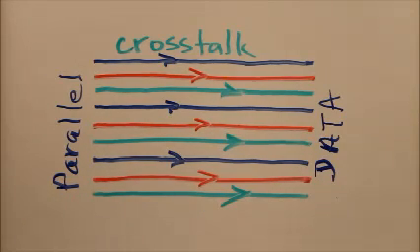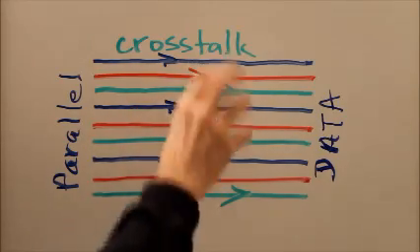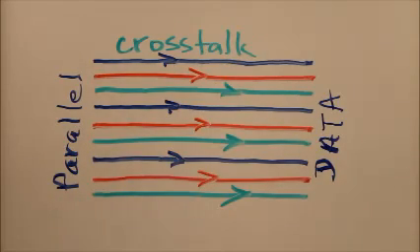And that's a problem with parallel data cables that are poorly designed or that are used with signals for which they're not meant to work. For example, radio frequency signals in a parallel data cable like this probably interfere with each other considerably.